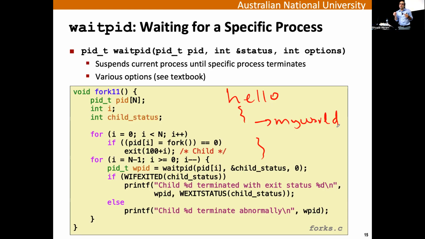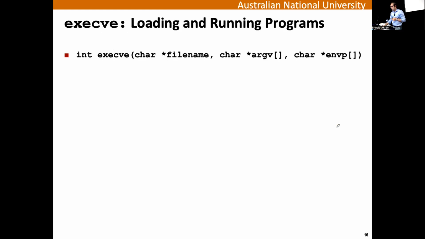So we are now going to see how we can run different programs from the context of a specific process. This is really powerful. This is how shells are implemented. This is how web servers work when they take requests on behalf of users and run different programs that the users want, when you run something in the cloud and stuff like that.